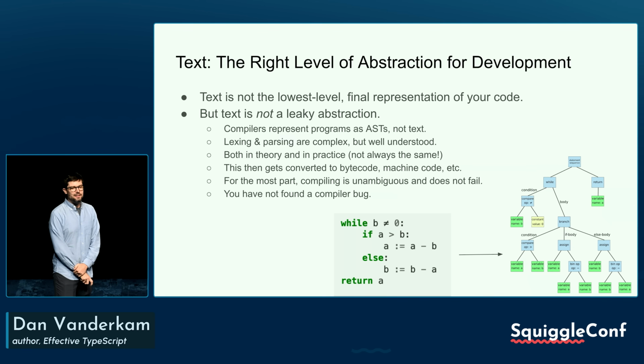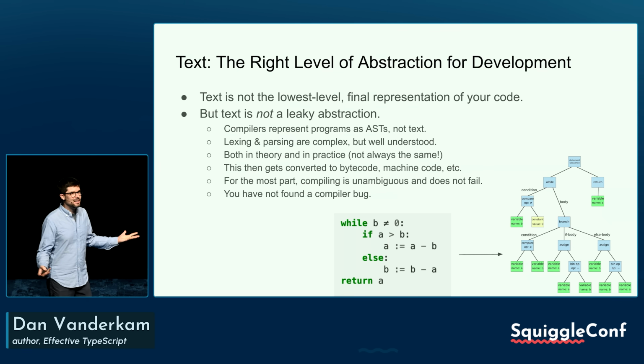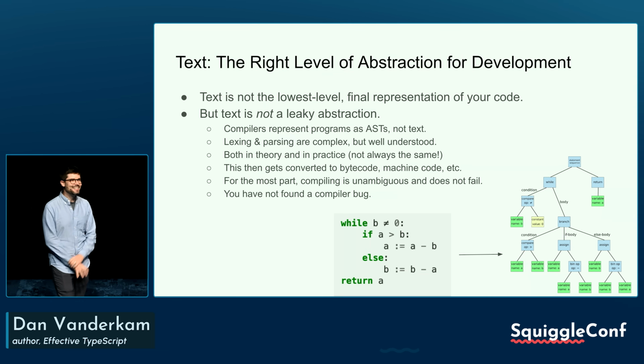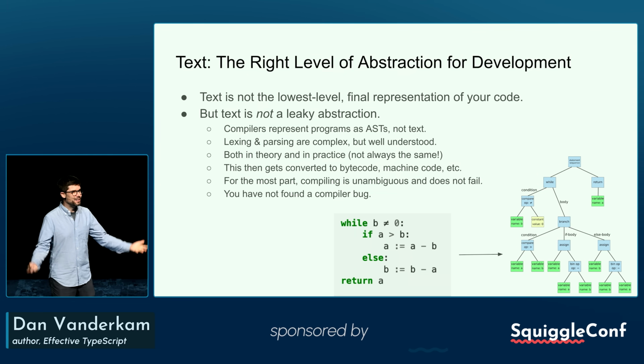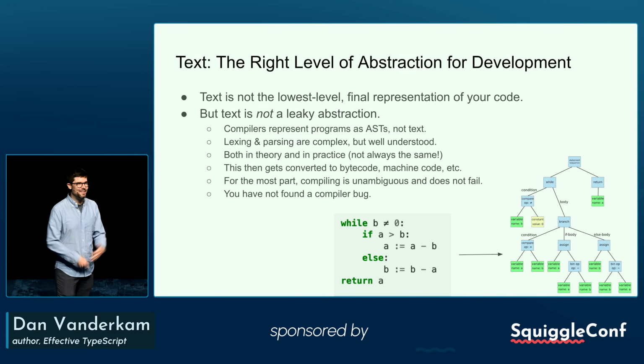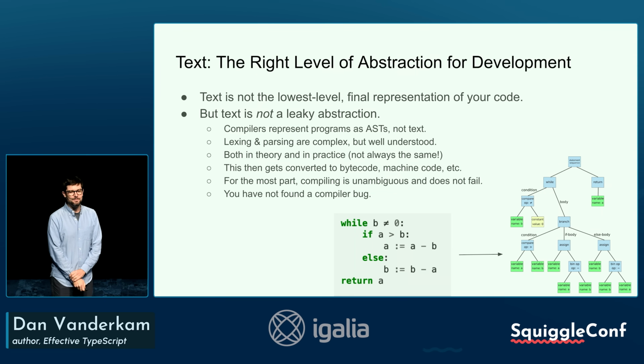That process is complex, but I think it is generally pretty well understood. Compiler authors, tell me I'm wrong, but mostly it works. Like I said, usually if you have a bug in your program, it is not a compiler bug. Hopefully it is actually a bug in the text of your program, and that's a level at which you can debug it.